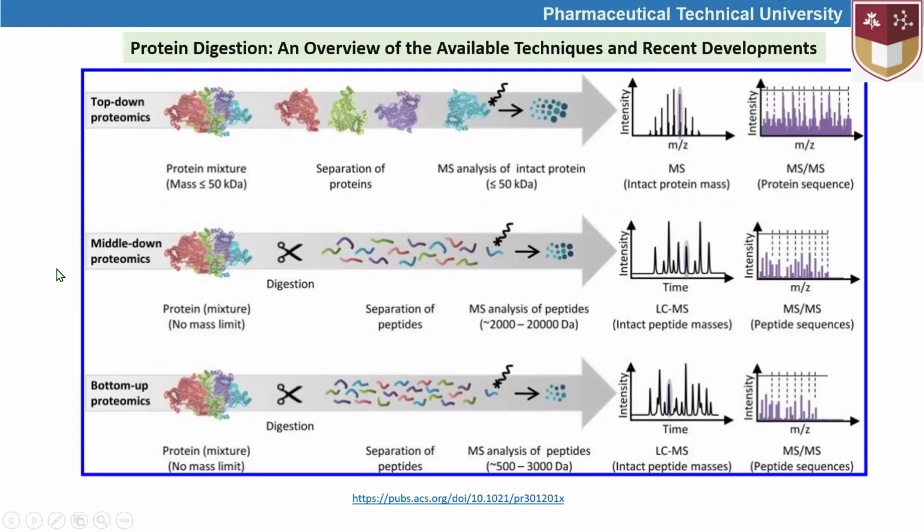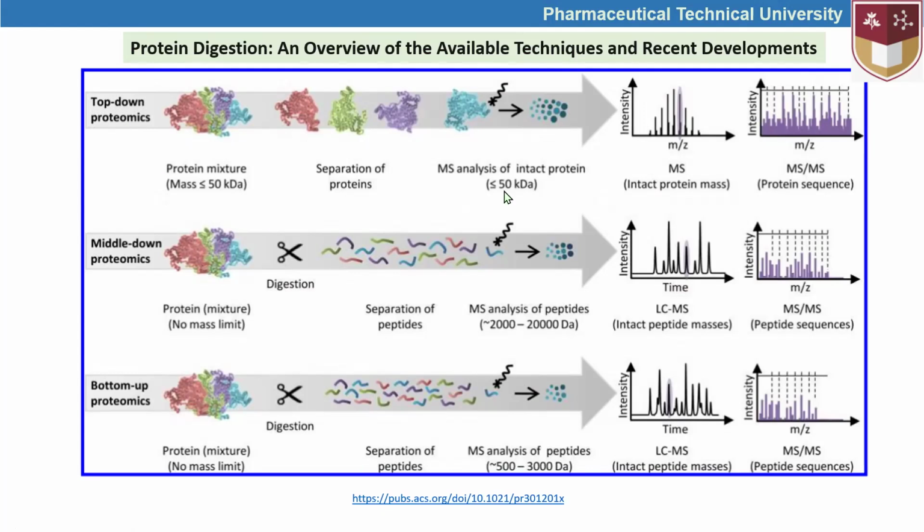And here we can see protein digestion overview. The figure was taken from one ACS paper, American Chemical Society. In the first line, we are showing top-down proteomics.